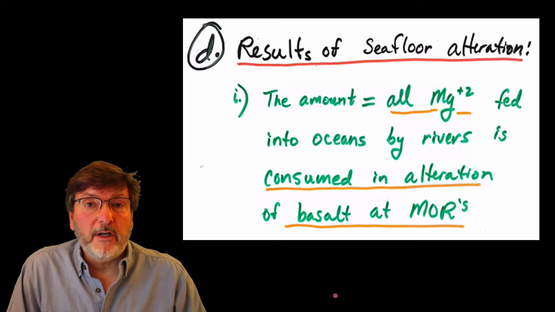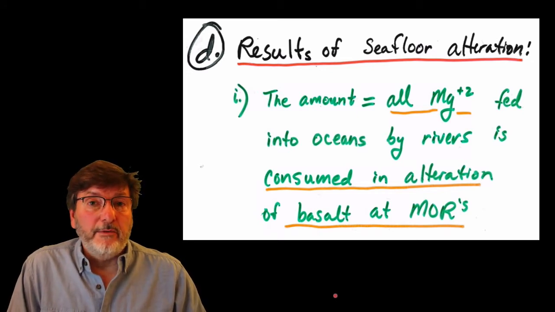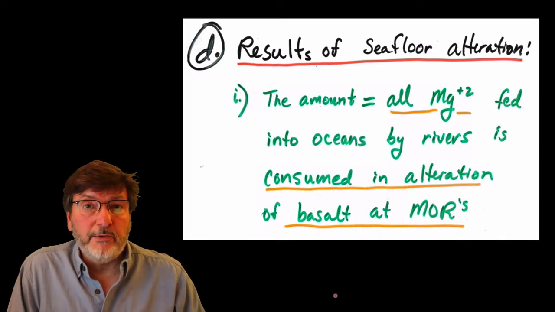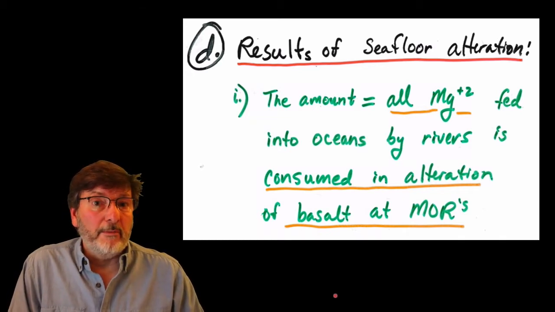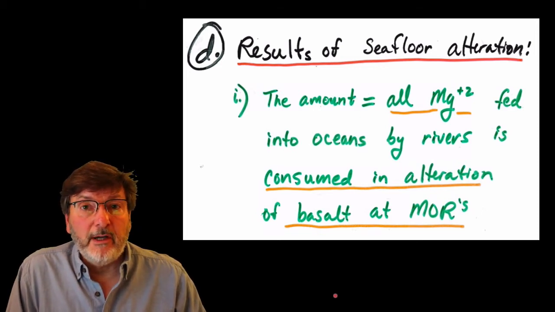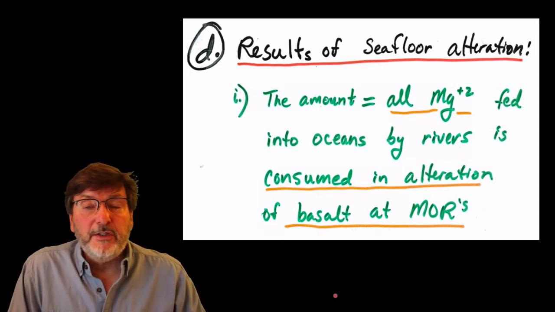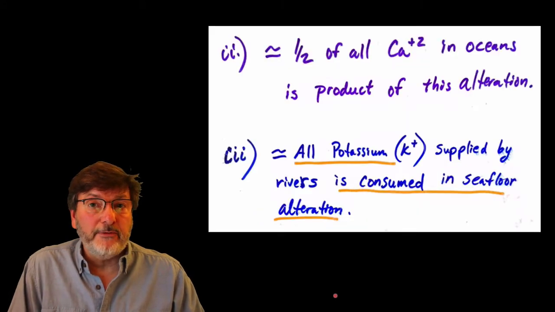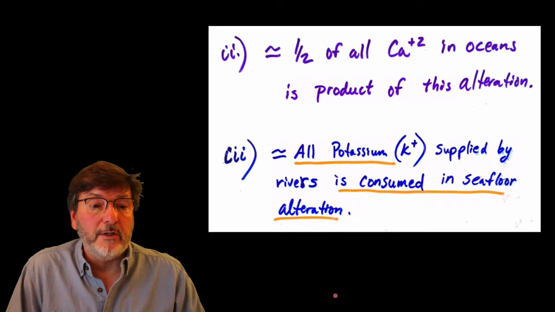Just to summarize a few of these elements, the result of the hydrothermal alteration that's occurring on the mid-ocean ridges, essentially all the magnesium that's being fed into the ocean by rivers is being consumed at alteration of the basalt at mid-ocean ridges. So it's a huge mass transfer of the element magnesium into the ocean crust.